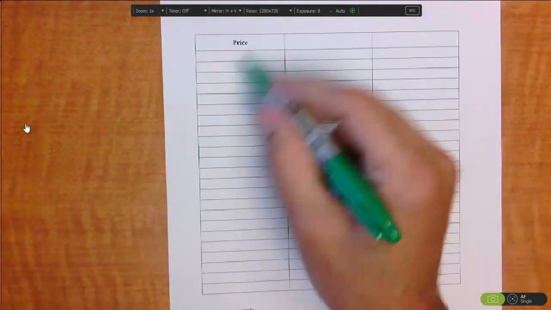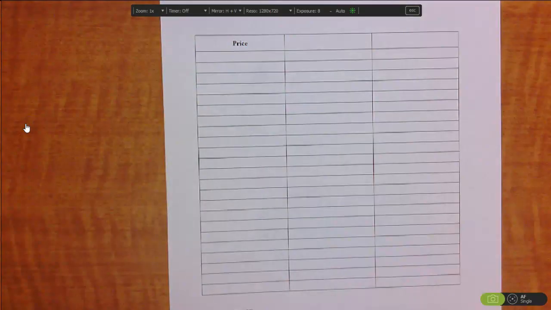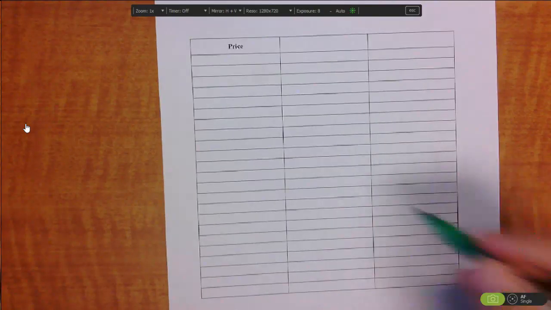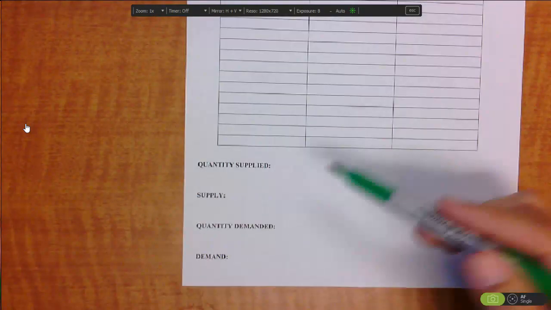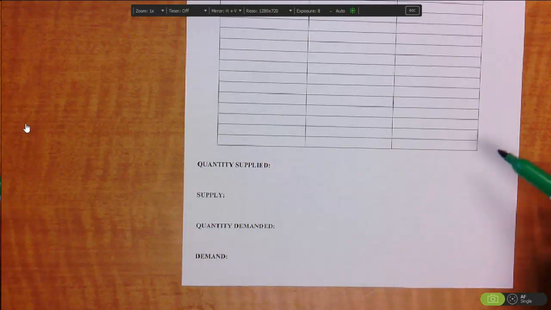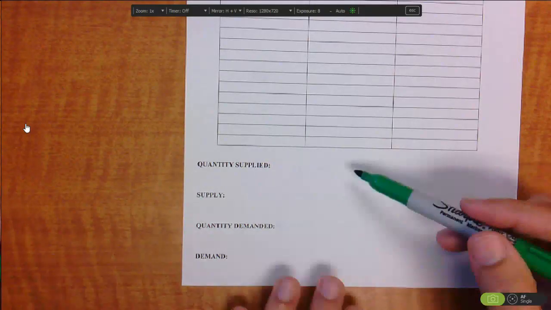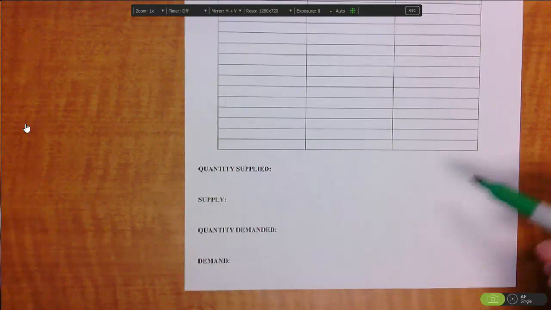And so you're writing the prices down here. And once you get the prices, then you will need to look at how many were sold at each of those possible prices. Well, that's going to give you a quantity supplied column, which is where you go down to the bottom of the sheet and you'll actually define quantity supplied, the amount of a good or service sellers are willing to sell at a single price.